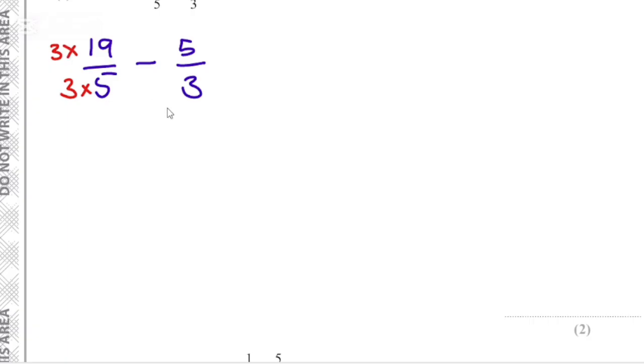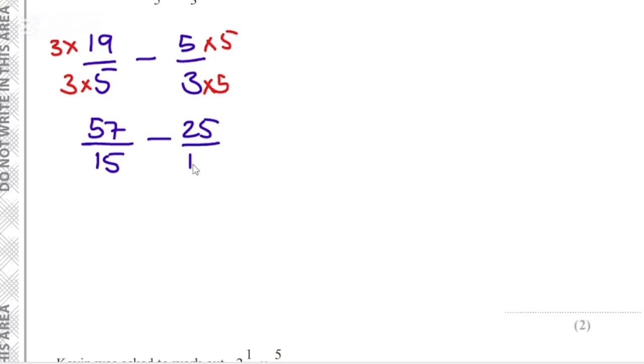We are using the concept of equivalent fractions. Here we multiply this second denominator by the first denominator, and what we've done here, we also do up there. So 3 times 19 is 57 over 3 times 5 is 15, minus 5 times 5 is 25 over 3 times 5 is 15.